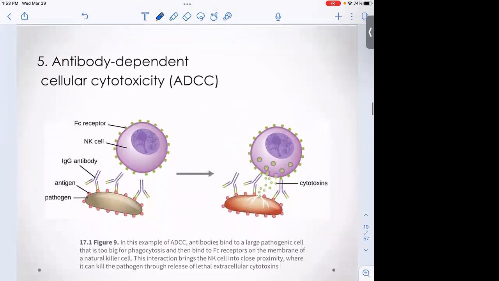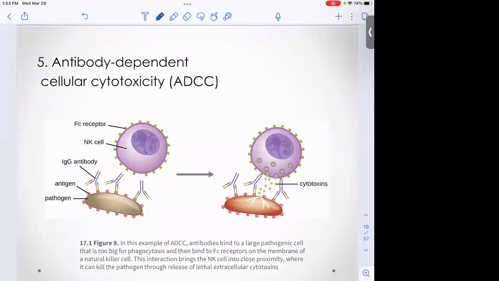And lastly, this antibody-dependent cellular cytotoxicity. This is going to be facilitated by NK cells, natural killer cells.